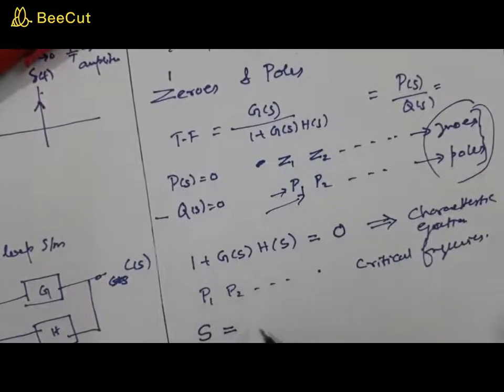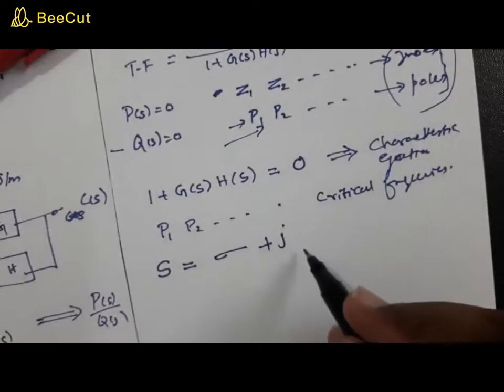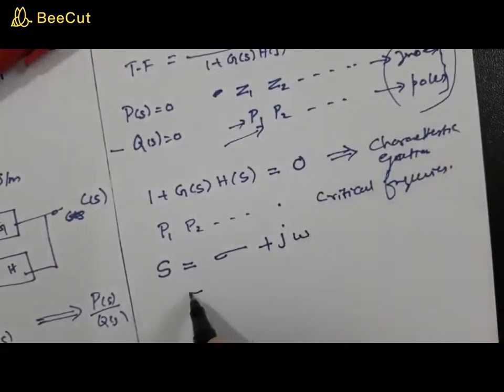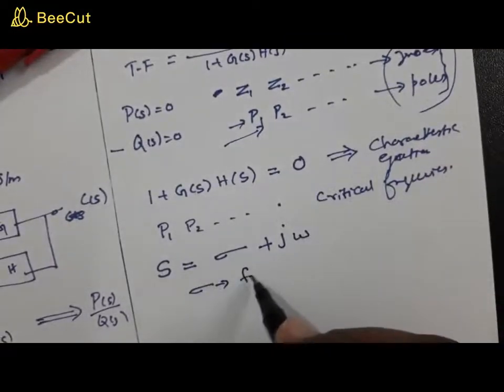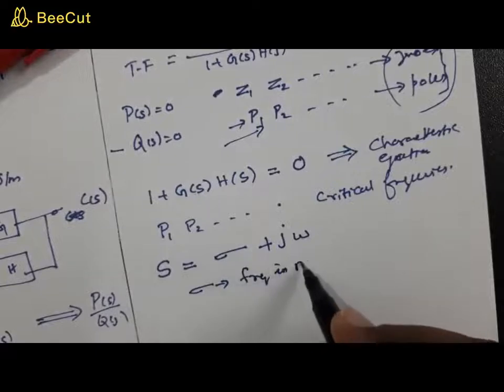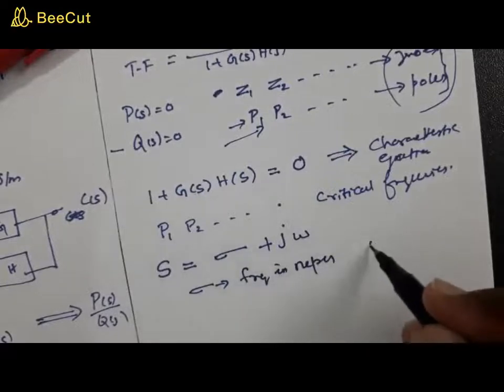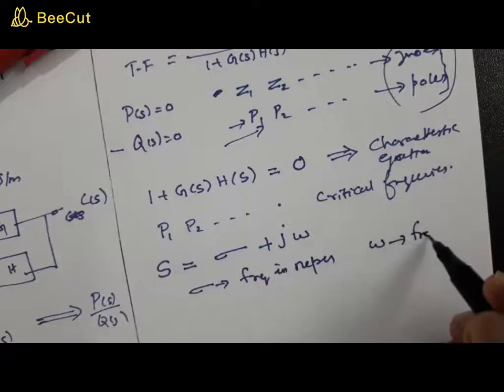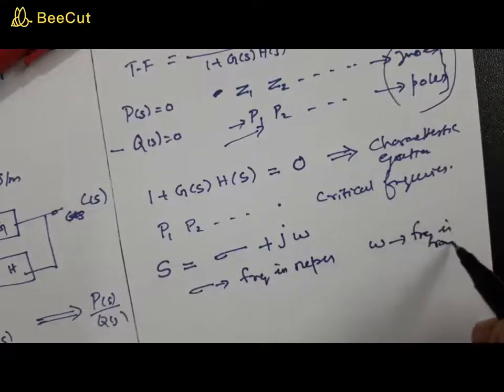Now, what is S? S is defined as sigma plus j omega. Sigma is called the frequency in Nepers, while omega is the frequency in radians, hence called the radian frequency.